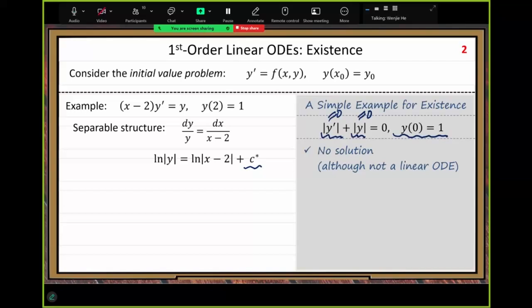Then absolute value on y, that means we should have absolute value for y, and at the same time absolute value for y minus 2. Those two absolute values we can take care of by this plus sign, minus sign, right? Because of the relationship, plus or minus.